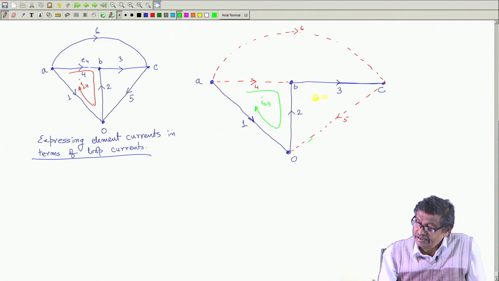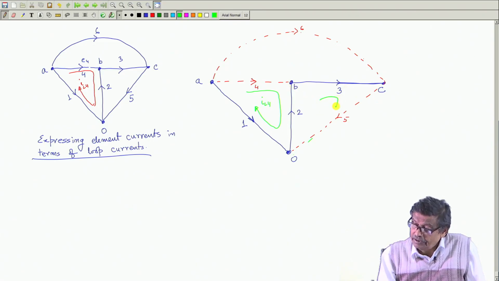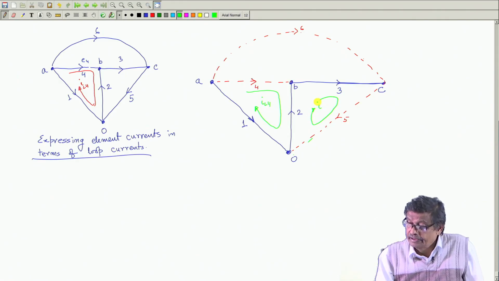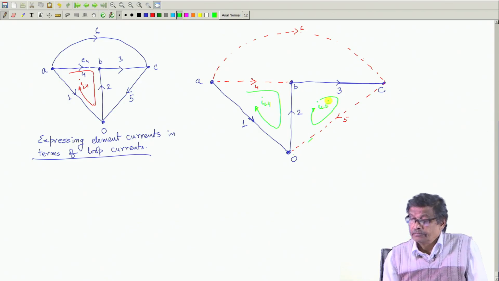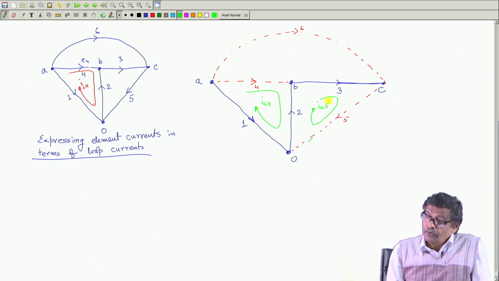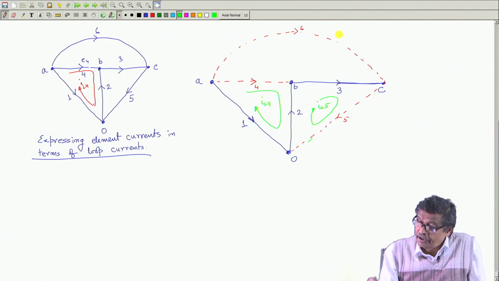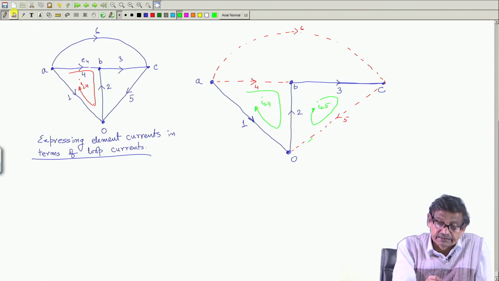Only this link will be this one. So, this will be IL5, this will be this. Now, what is the loop current formed by this link L6?